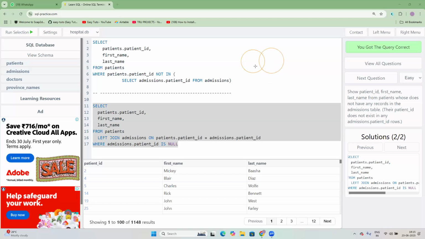But we need only values from the first table, right? So if we join these two tables and then the third table, we also get the values from the second table. No, see, whatever you write here, these are the only values that you will get on the display page. So joining doesn't mean you'll get the values. Whatever you write here, this is what will define what values you will see on the screen.